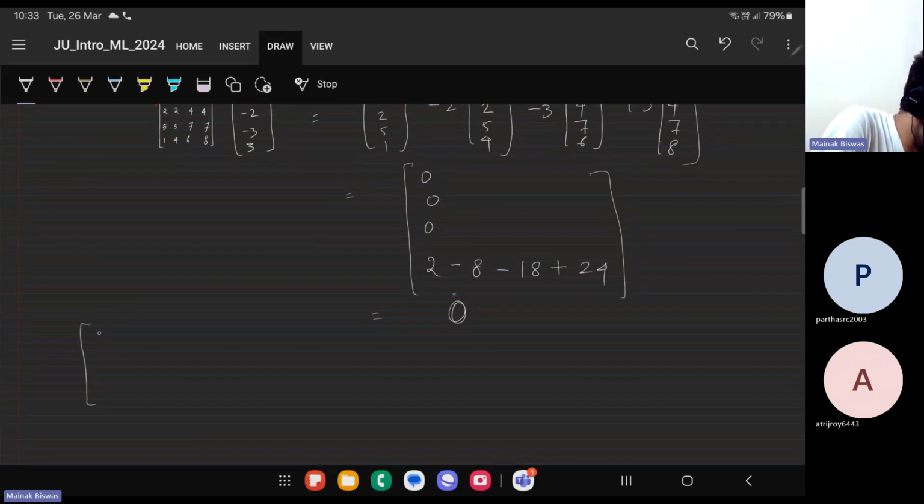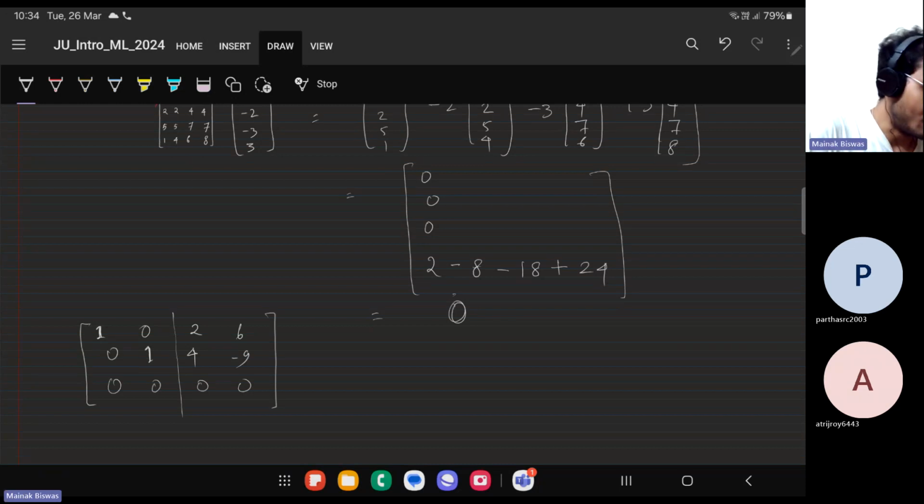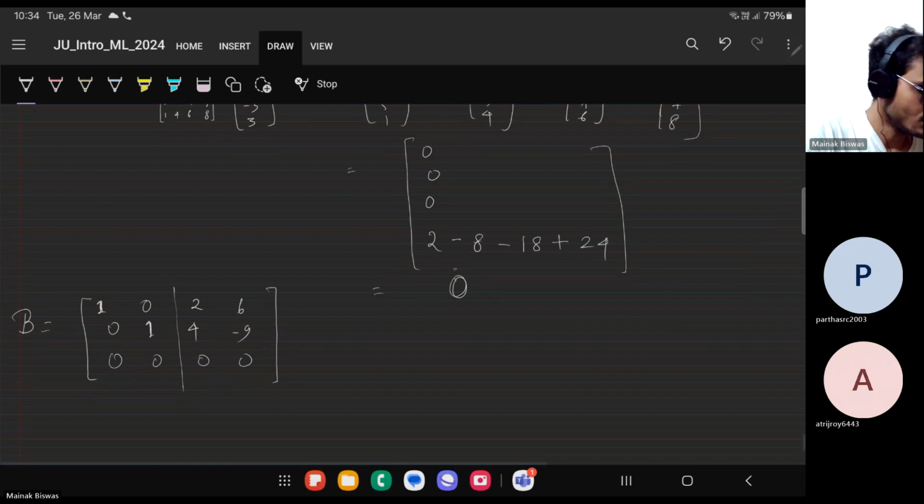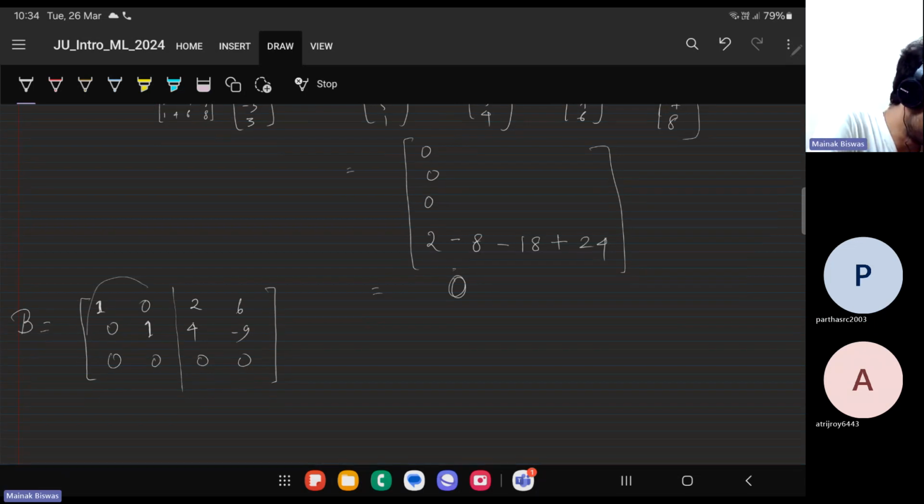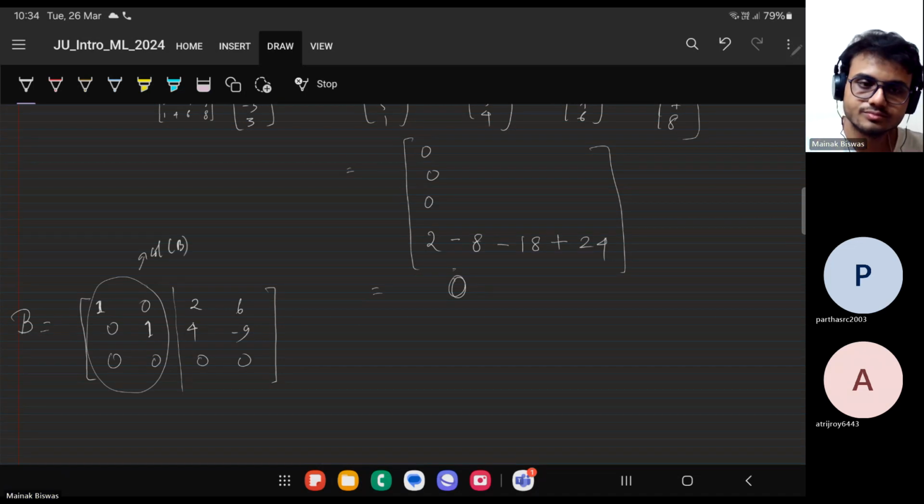If I have, after row reduced echelon form, this matrix, and I have 2, 4, 6, minus 9, tell me which is I and which is F. This is my new matrix, say B matrix. So what is the column space of B?